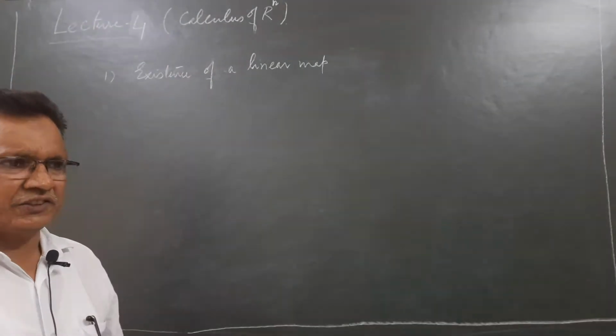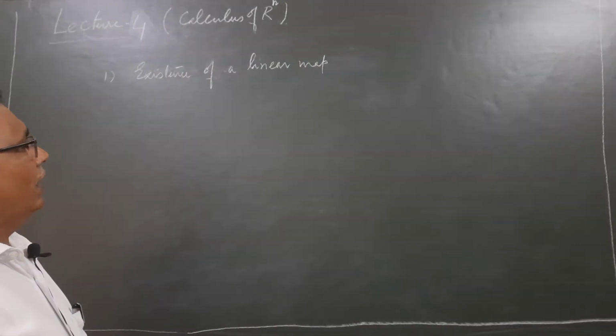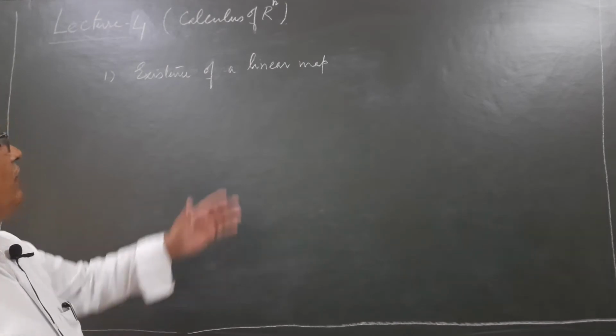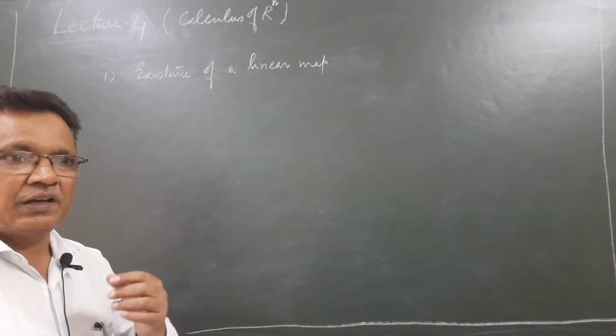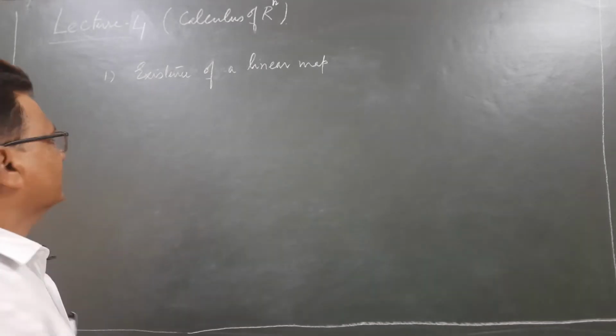So, if you have a function, if it is differentiable, there will always be a linear map which will approximate the given function.